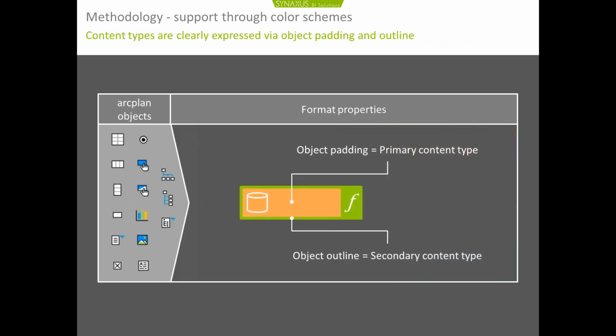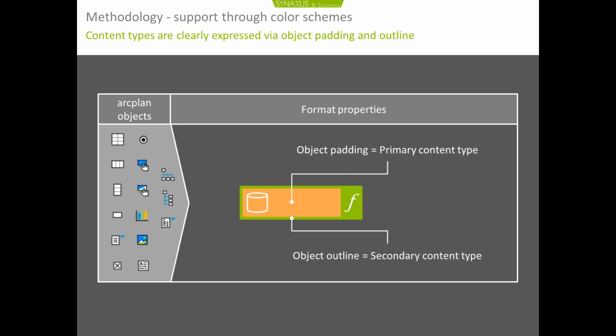Breaking it down to a single object, every object can be clearly expressed via its padding, which is the primary content type, and we have the outline, which is the secondary content type. So every object can have more than one object type, and it's all added with the well-known arcplan objects.